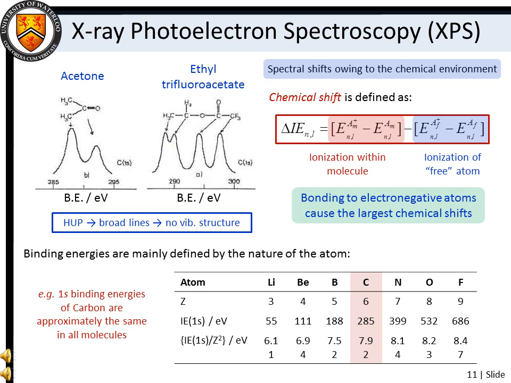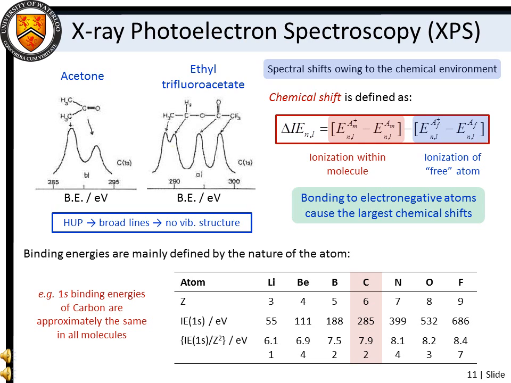This chemical shift can be attributed to the fact that the carbonyl carbon is bound to an electronegative oxygen atom. The oxygen atom draws electron density away from the carbonyl carbon, thereby increasing the effective nuclear charge experienced by the 1s electron. Note that for X-ray photoelectron spectroscopy, broad spectral features without vibrational structure are observed.